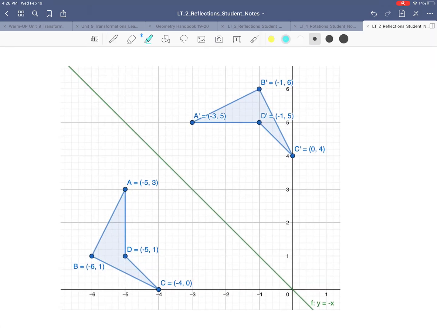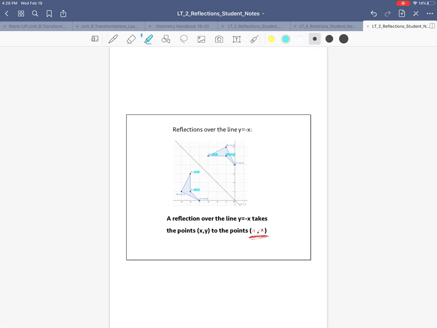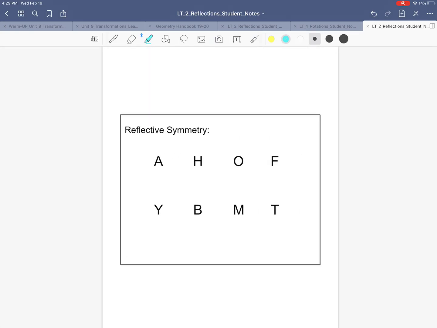So for A, we have negative 3 comma 5, and then for A prime we have negative 5 comma 3. For D we have negative 5, positive 1. For D prime we have negative 1, positive 5. You guys can see that pattern.